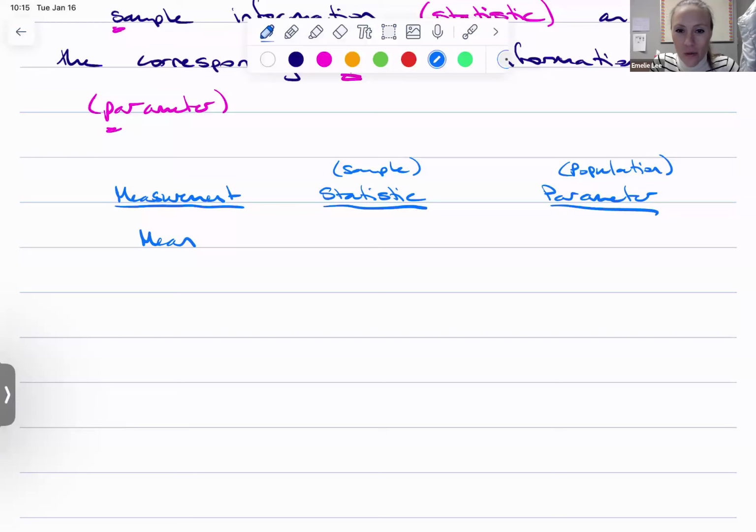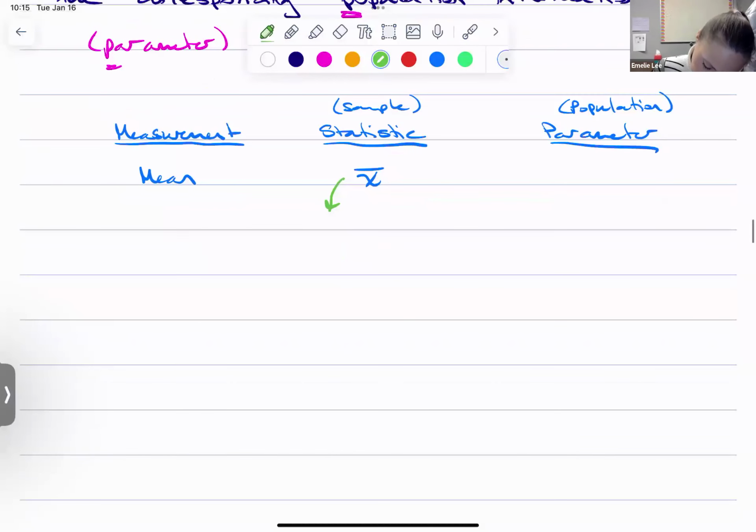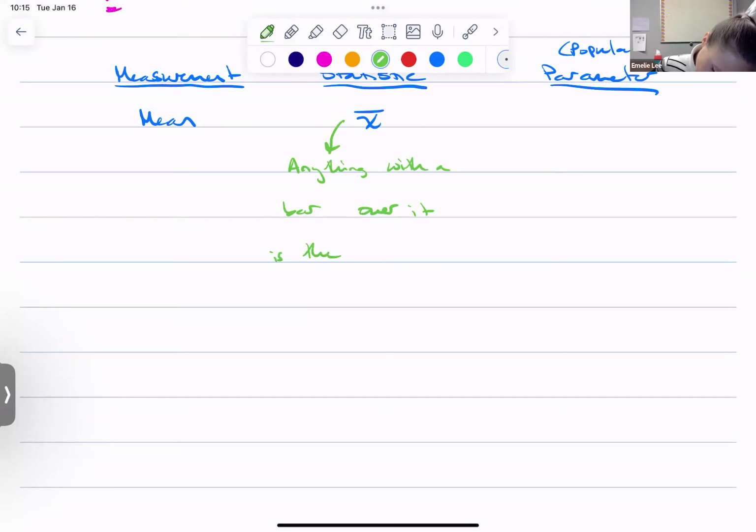And so what we're going to use as a rule is we're going to use X bar, okay? But anything with a bar over it denotes a sample mean, okay? So here, anything with a bar over it is the sample mean, right?